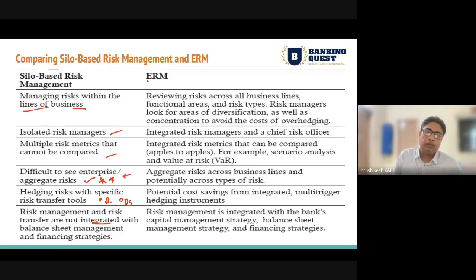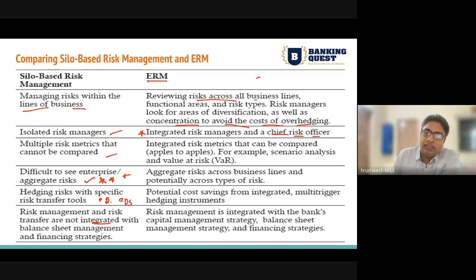Okay, now ERM, enterprise risk management, is just the opposite of this. It reviews risk across all business types as well as concentration to avoid the cost of over-hedging. Integrated risk management, and you have a chief risk officer also.